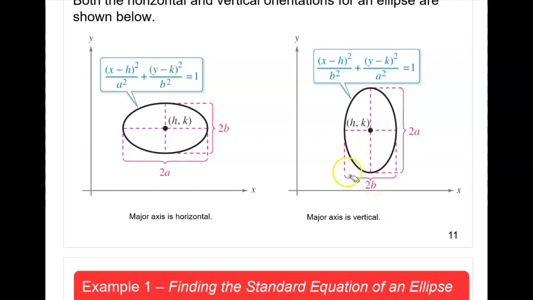The way we determine which type we have is by the denominator that will be either with the x square or with the y square. Whatever the biggest denominator is will tell you if you have a horizontal or a vertical.